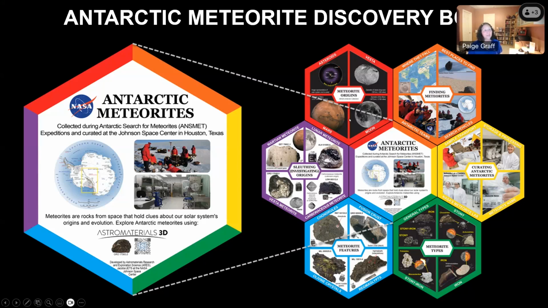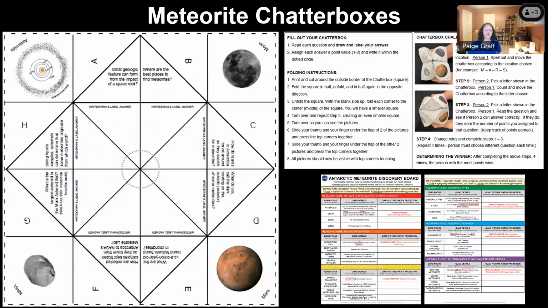Now, one thing about this activity that's kind of cool is we have created one way you might assess your learner knowledge, and that is these little chatter boxes. Now, some of you might remember calling these cootie catchers. This day and age, I like calling them chatter boxes because they're kind of like little things that are chattering and talking to you.